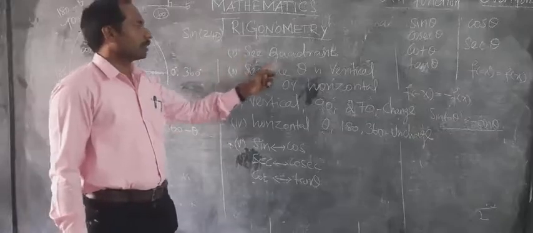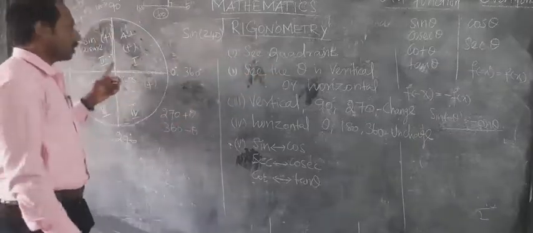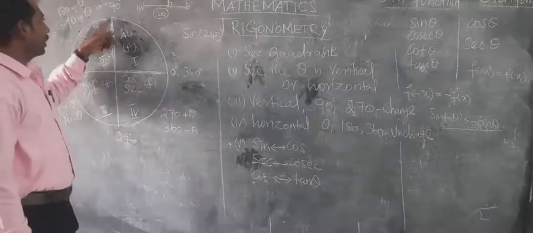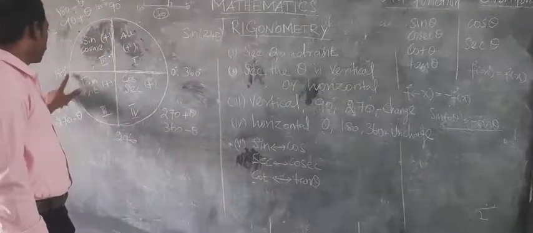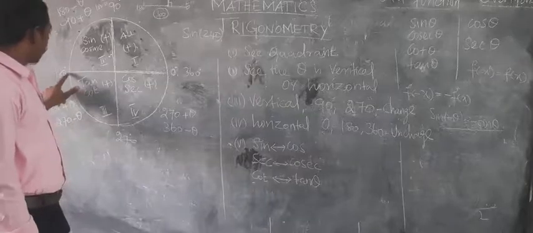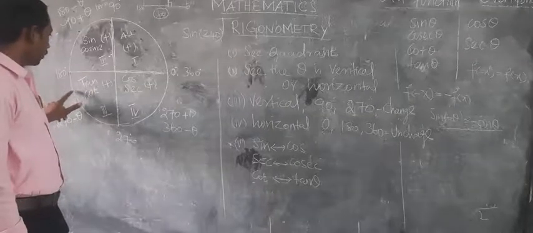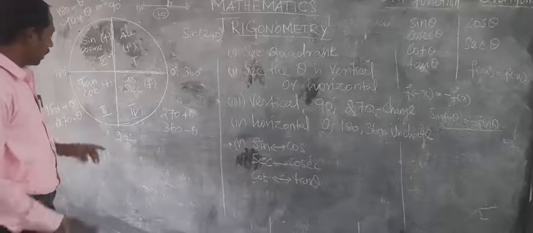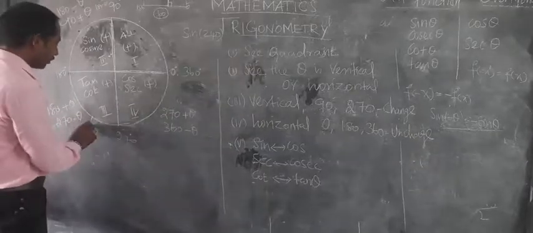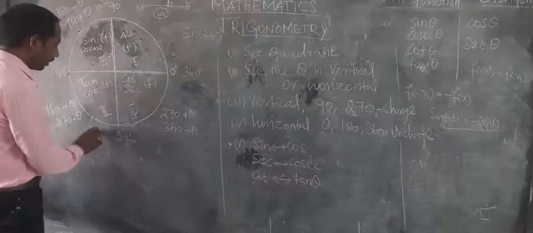First see the quadrant. Which quadrant will 240 appear in? Here, up to this quadrant is 90, then it increases up to here, 180. So 180, 190, 200, 210, 220, like this. It will appear here, the 240 will come here.